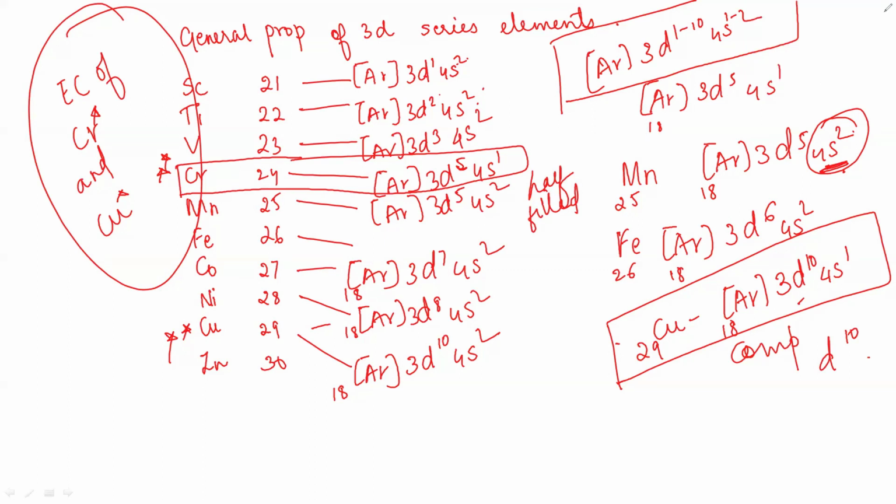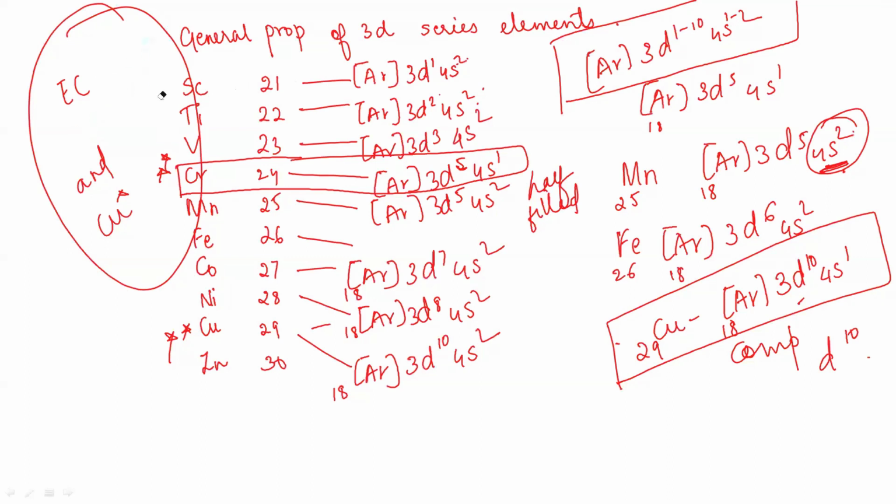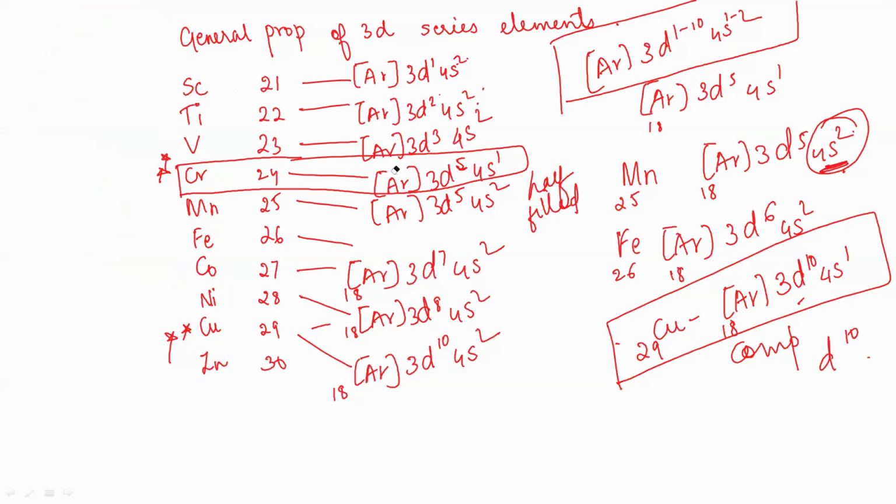So this is about your electronic configuration. Next we'll see the ionization enthalpy. What do you mean by ionization enthalpy? In the last class, I told you the definition; you have studied ionization enthalpy in first year.